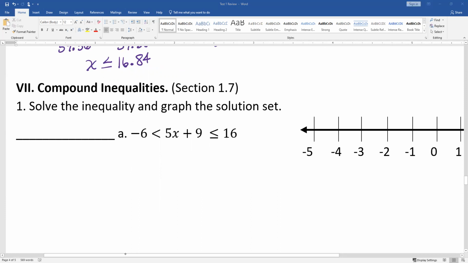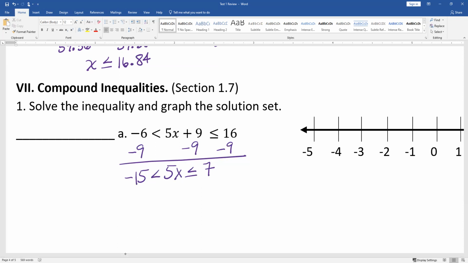Subtract 9 from all parts. And we end up with what? Negative 15 is less than 5x, which is less than or equal to 7. Better but wrong.